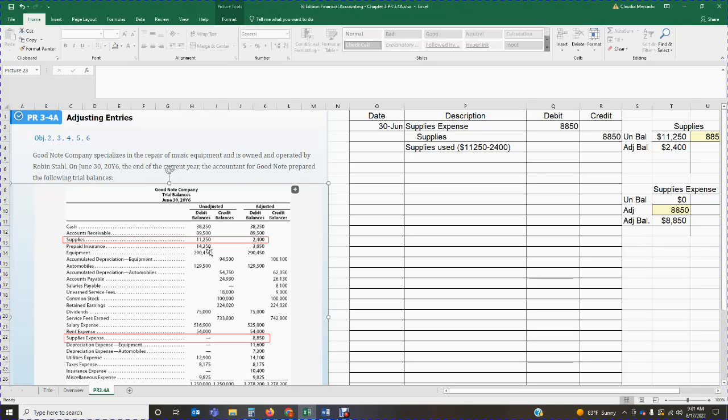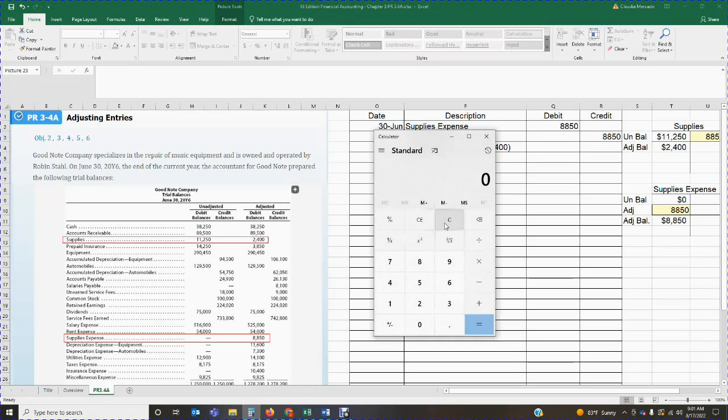If you use up something, what do we have to offset it against? An expense account. So we're talking about insurance. Let's look at the dollar amount first. It's $14,250, and I'm going to subtract $38.50. That means that I used up $10,400 of prepaid insurance.